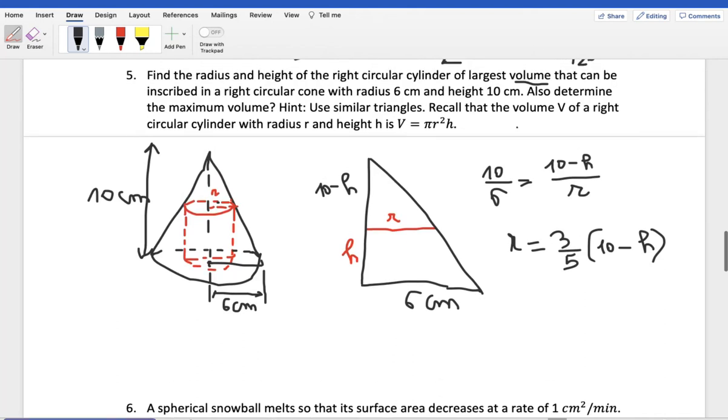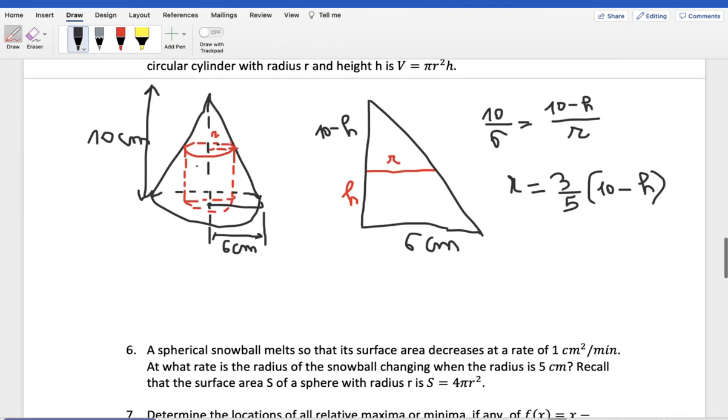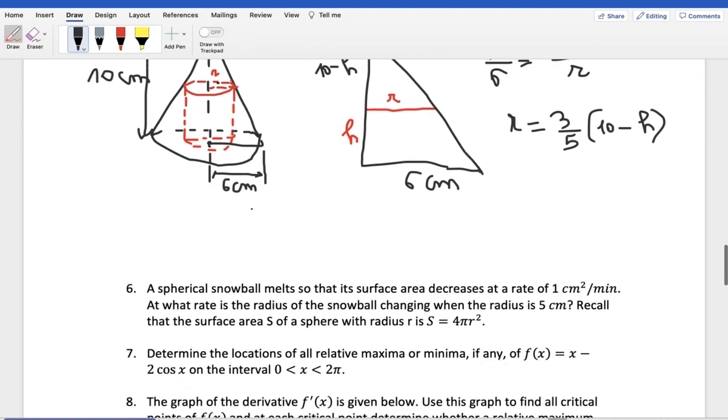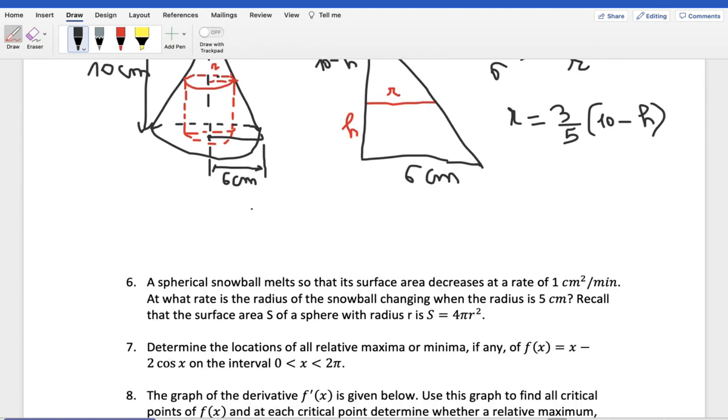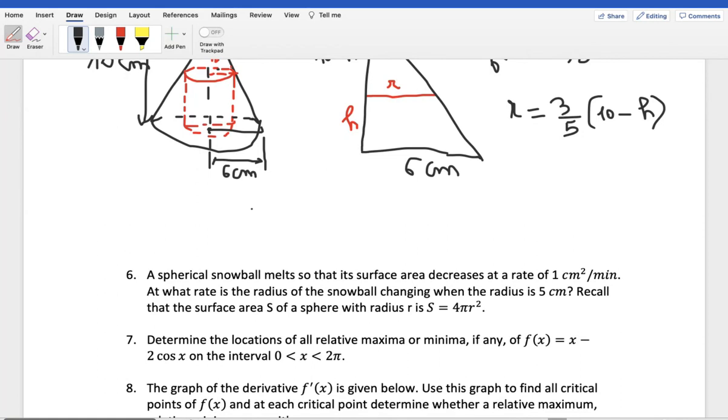The question is asking us to find the radius and the height of the circular cylinder, so R and H for the small cylinder inside the cone. And you're also asked to find the maximum volume.